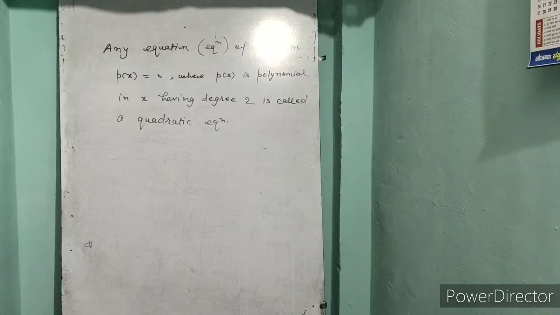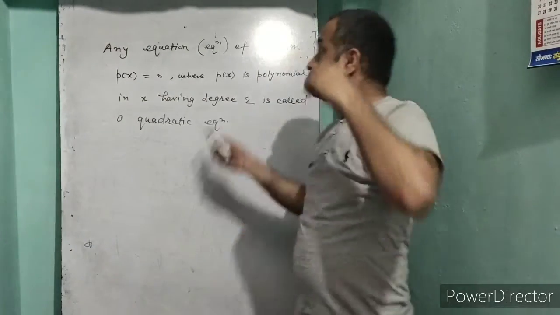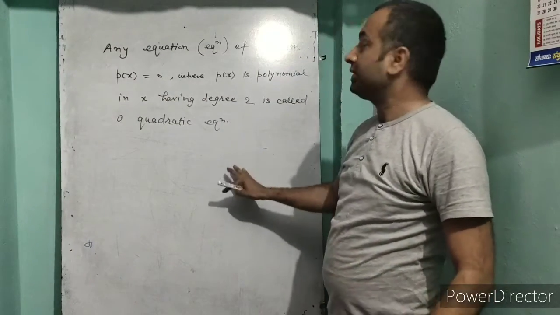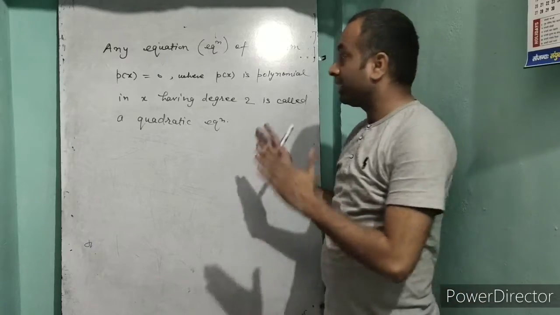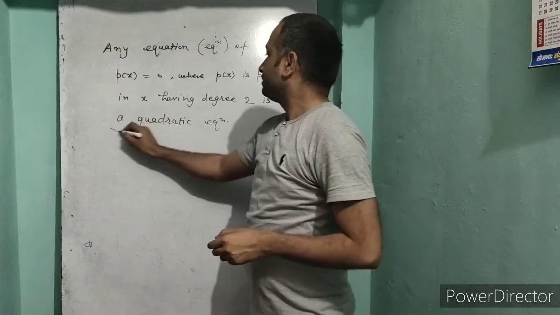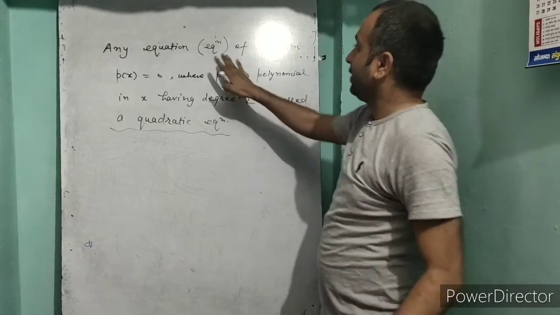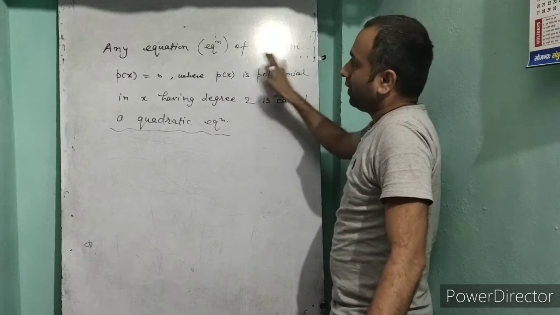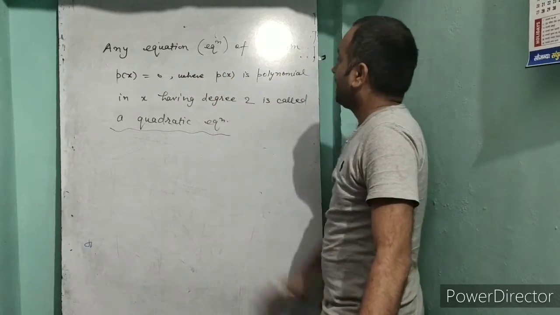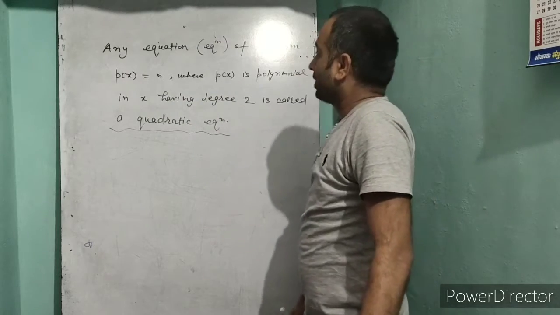So, one by one, I will explain each term of this definition. This is the exact definition of the quadratic equation. Okay. So, listen very carefully. An equation of the form P(x) = 0, where P(x) is a polynomial in x. Okay.